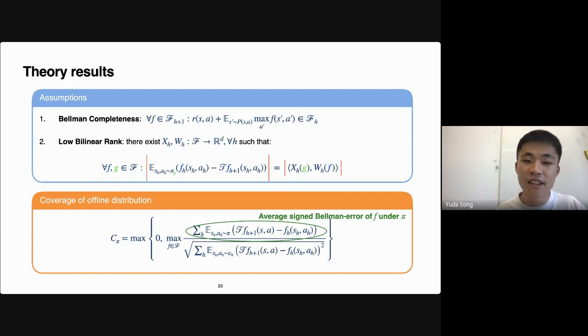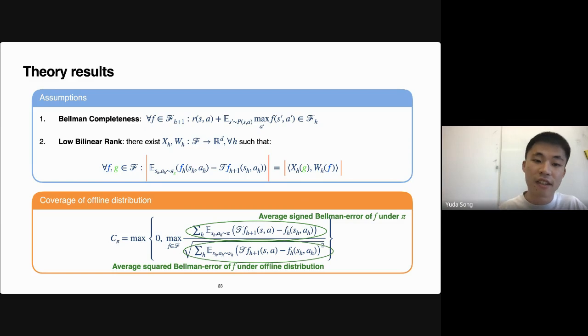In the numerator, you have the average signed Bellman error of this function f under the policy pi that you care about. In the denominator, it's just the average squared Bellman error of this function f under the offline distribution. So basically, it's saying how well your offline distribution covers the Bellman error induced by the functions that you care about.